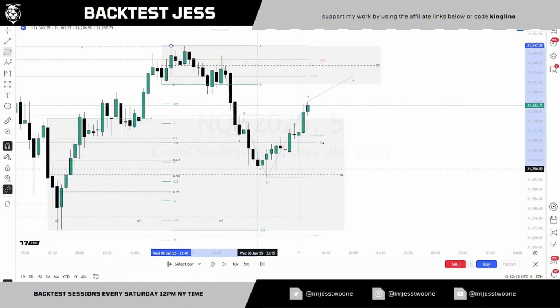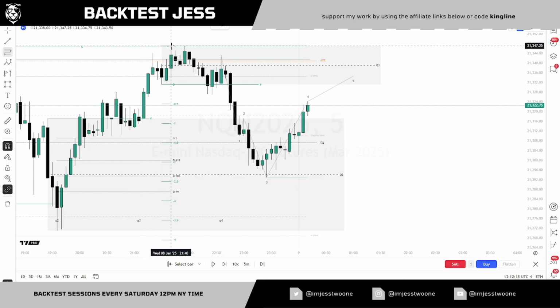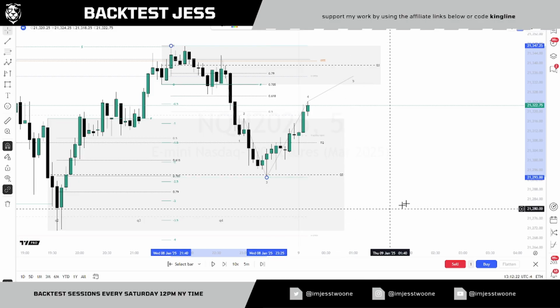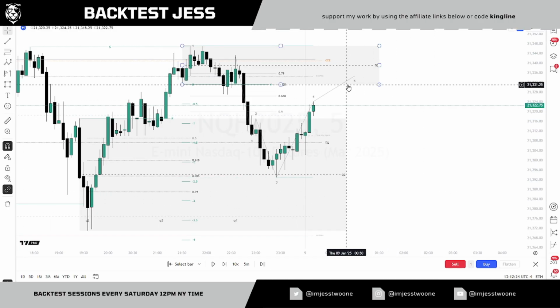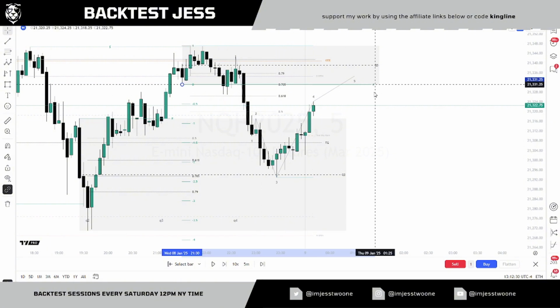So from 1 to 3, well, it would be this entire expansion down that we're using for OTE. Okay, yeah, the zone is right at 0.705, which is the actual OTE level.